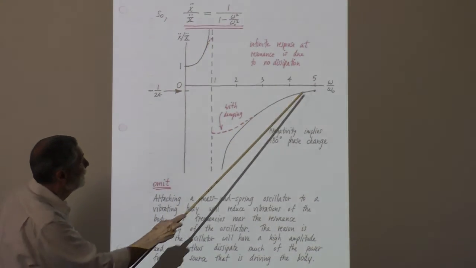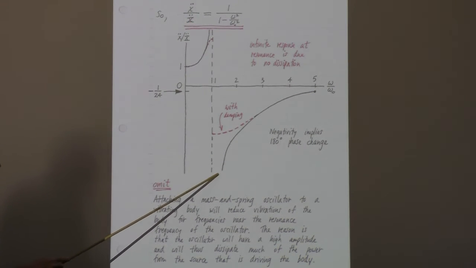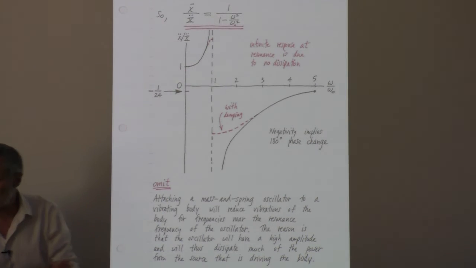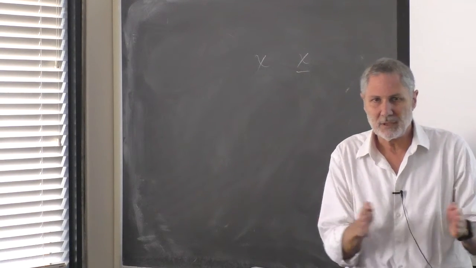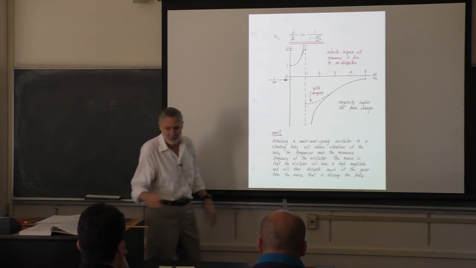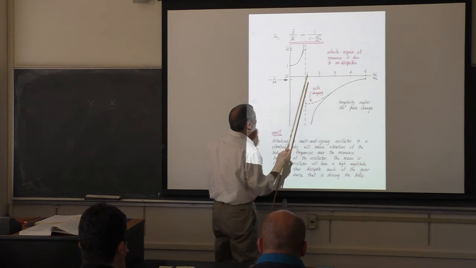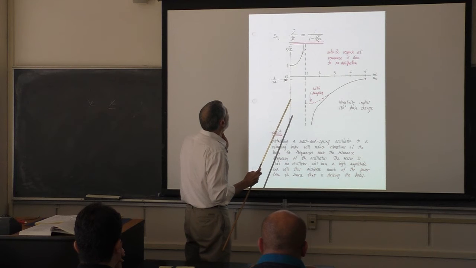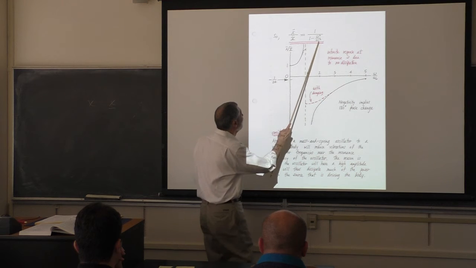On the other side, this ratio here, you can see it's going to be negative. And that simply signifies that here, the table and the mass are in phase, like this. Here, they're 180 degrees out of phase. That's what the fact that this is negative means when omega is greater than omega naught.